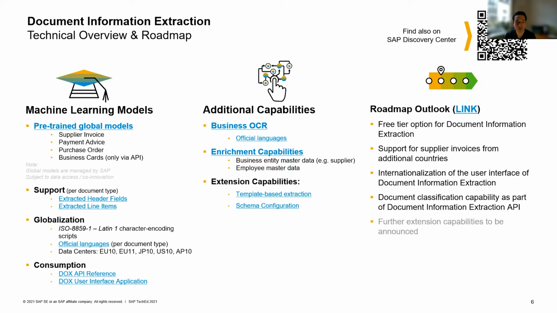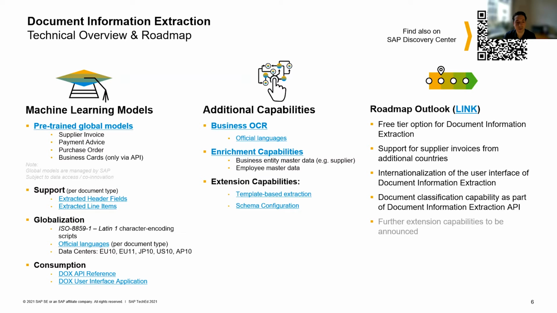So first of all, what I would like to share with you is that this service, as previously mentioned, provides some pre-trained global models for selected business documents, such as supplier invoices, payment advices, purchase orders, and business cards. And these pre-trained models are so-called global models that are managed and further optimized by SAP.